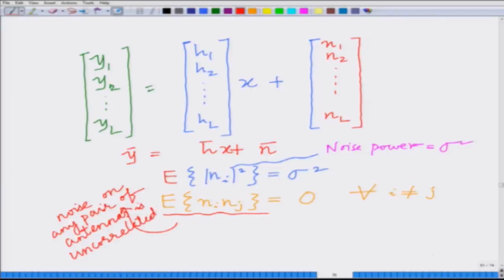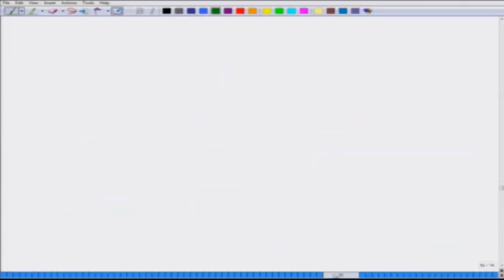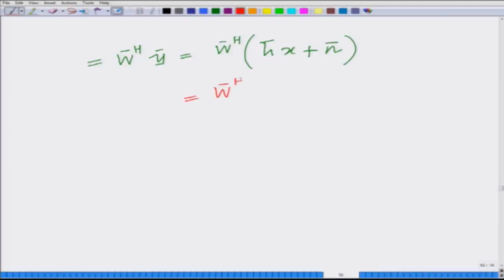And now, we can perform the combining at the receiver as y tilde equals W1 conjugate Y1 plus W2 conjugate Y2 plus so on up to WL conjugate YL, which one can now write in vector form as W bar Hermitian Y bar, which is equal to W bar Hermitian H bar x plus W bar Hermitian N bar.